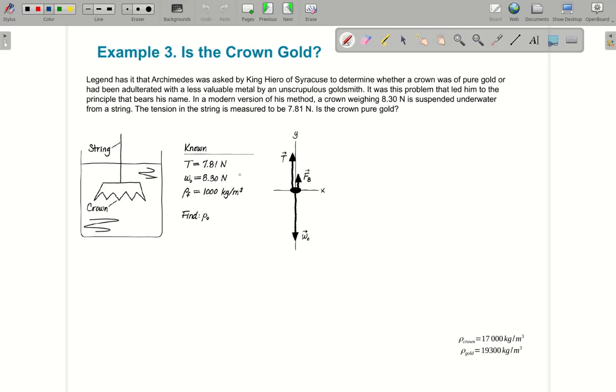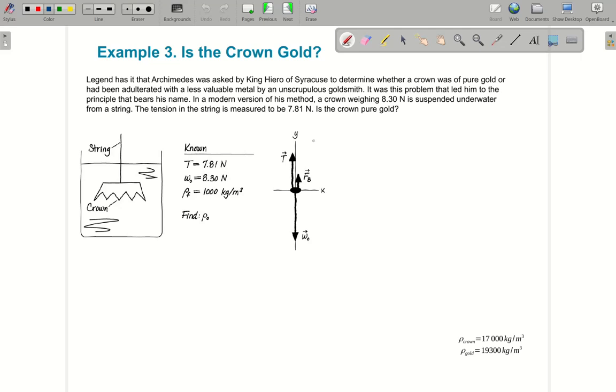Here is another question. Legend has it that Archimedes was asked by King Hero of Syracuse to determine whether the crown was pure gold or had been adulterated with a less valuable metal by an unscrupulous goldsmith. Since he was interested in buoyancy, he used buoyancy to determine that.